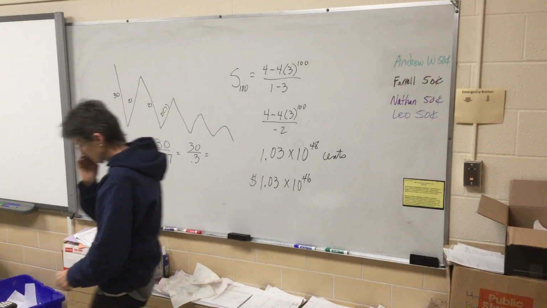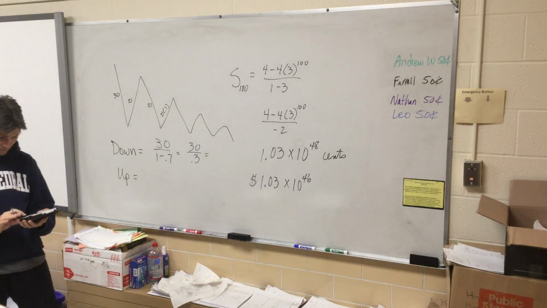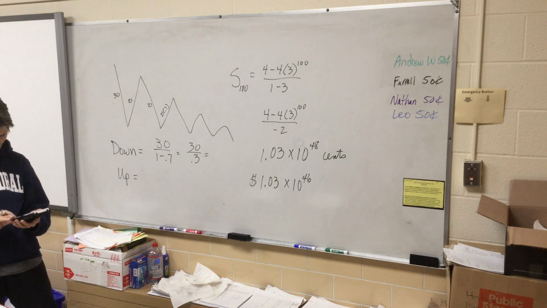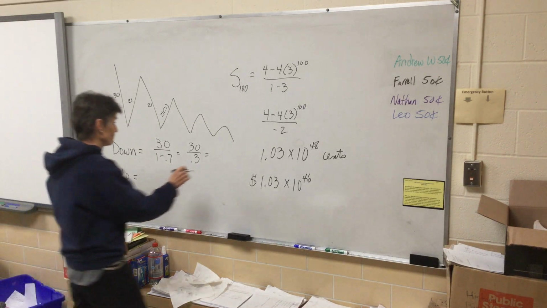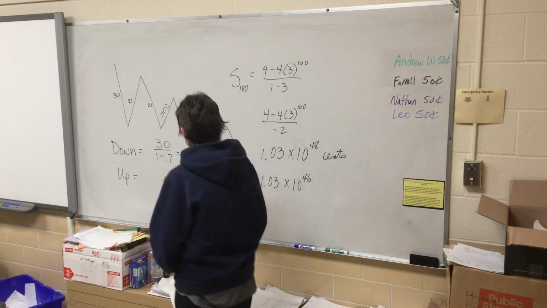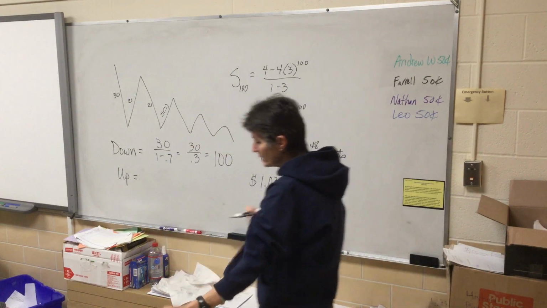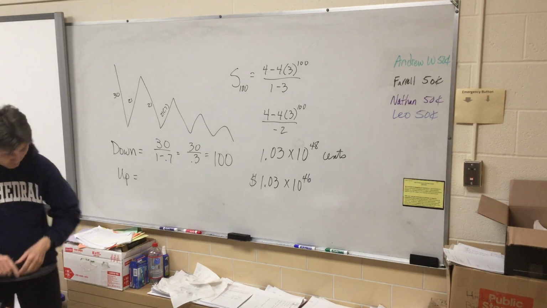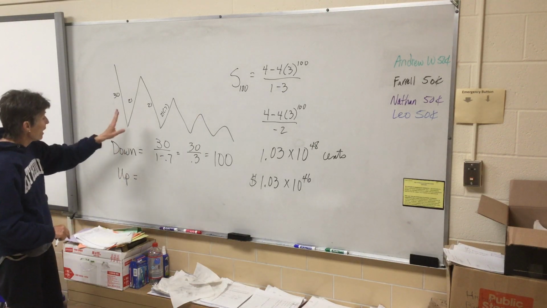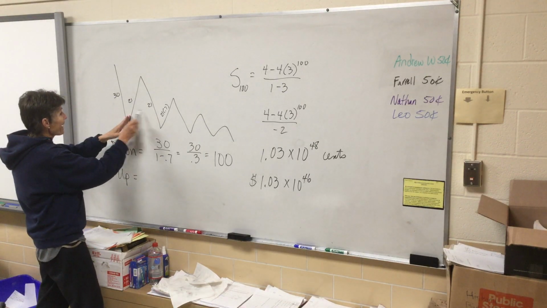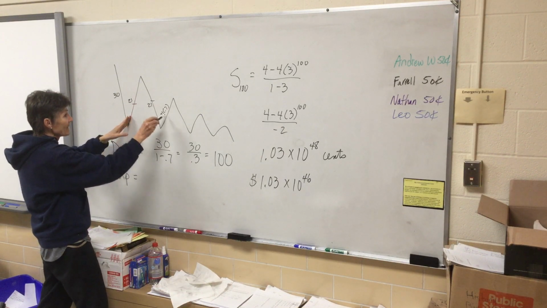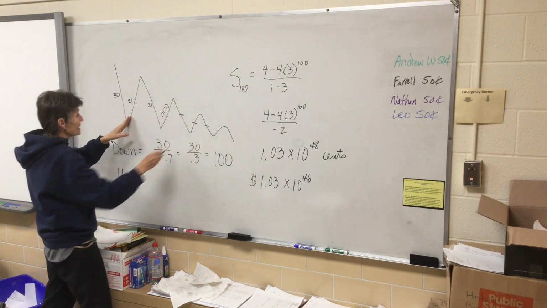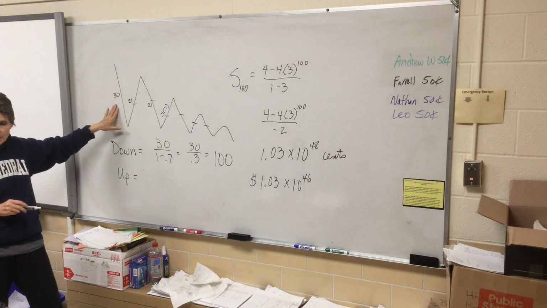I thought it was 100. It is. Yeah, 100. So the downs are 100. Now remember that the ups match the down. For every up, there's a down exactly, except for this first one, right?